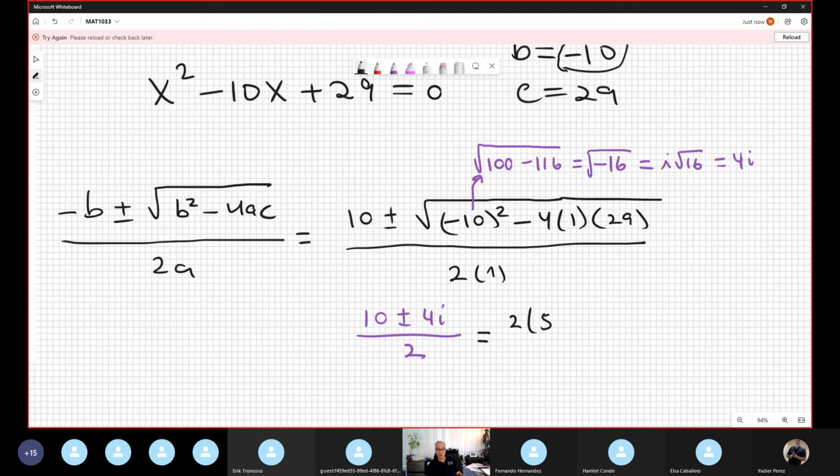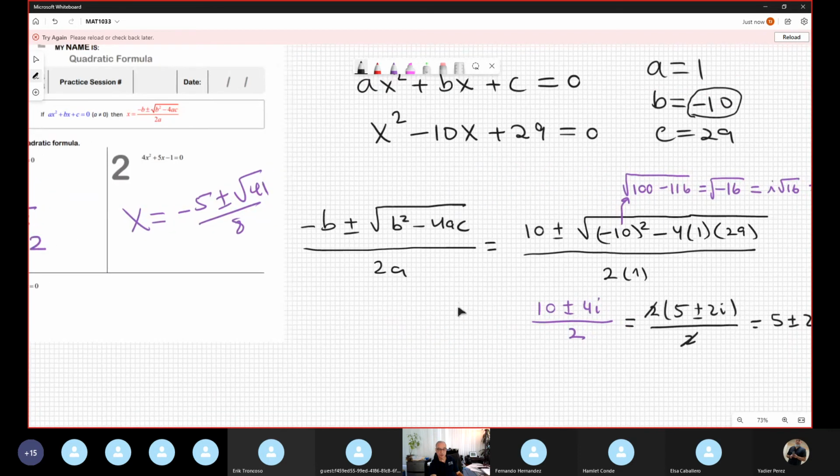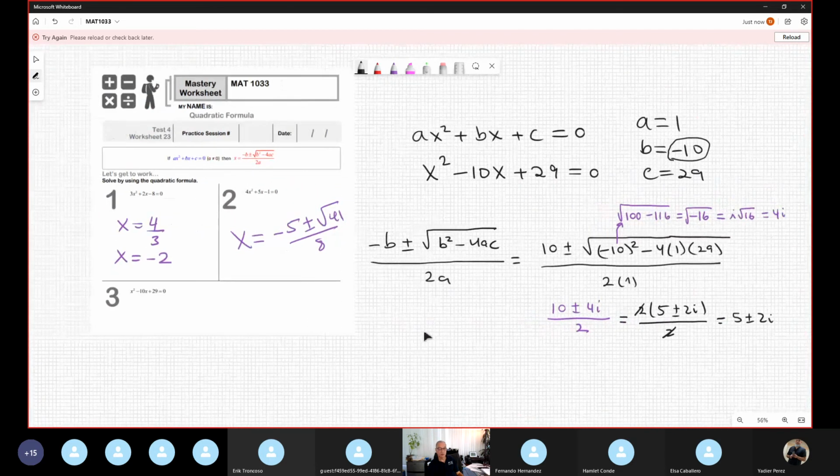And we have 5 plus or minus 2i divided by 2. Oh, and this 2 is canceled. And the final answer is 5 plus or minus 2i, a complex number. The real part is 5 and the imaginary part is 2i. The solution is x equal to 5 plus or minus 2i.